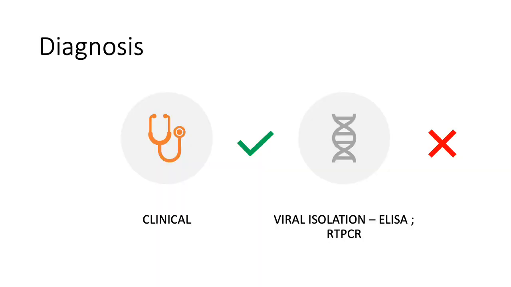Now coming to diagnosis. How can we diagnose acute bronchiolitis? The diagnosis of acute bronchiolitis is purely clinical. It is based upon the history of a typical viral prodrome, with a history of any positive contact at home who has symptoms of upper respiratory tract infection, followed by a phase of respiratory distress.